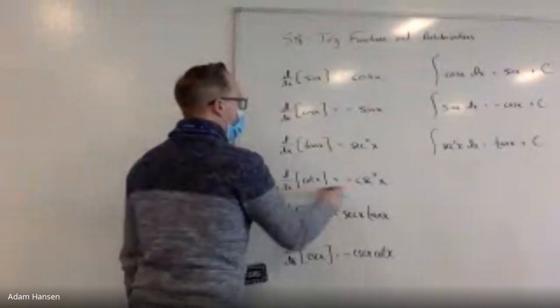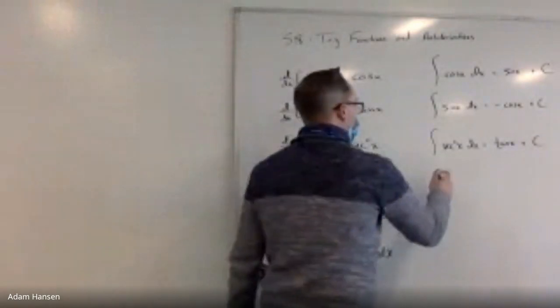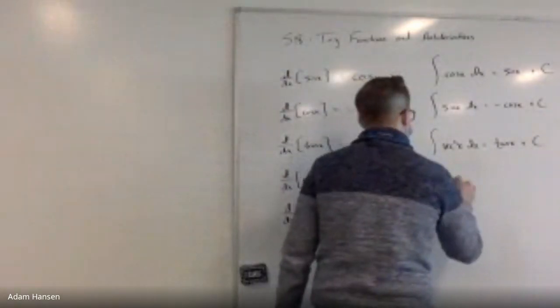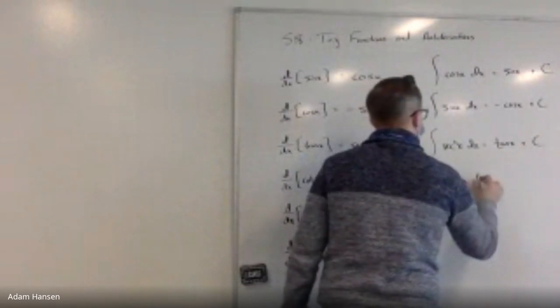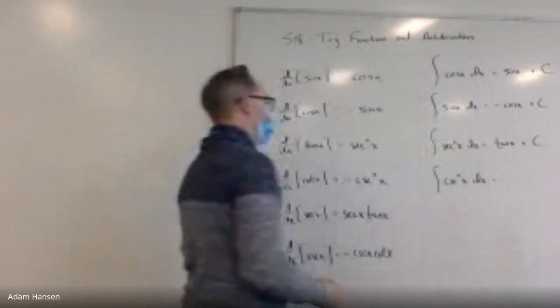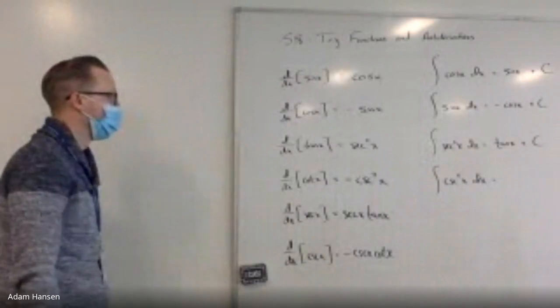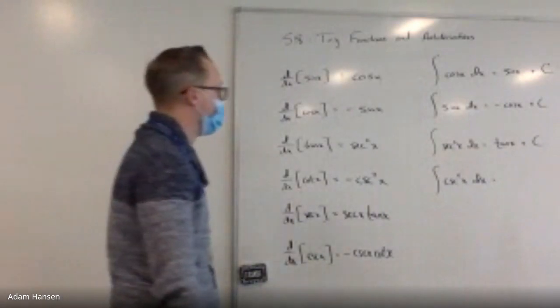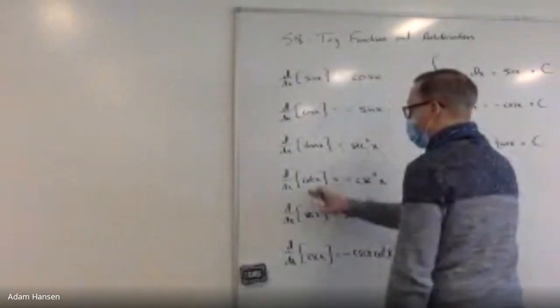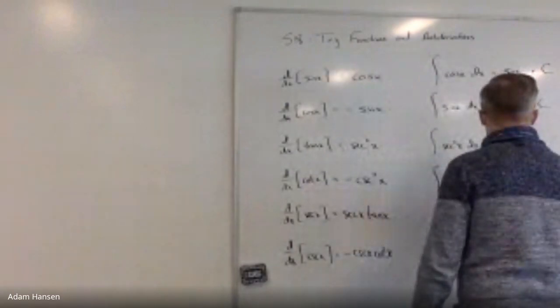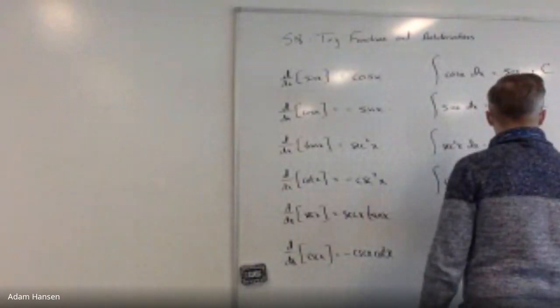The derivative of cotangent is negative cosecant squared x. So what is the antiderivative of cosecant squared x dx? Negative what, Kim? Negative cotangent. Yeah, you just slide the negative over here. It's negative cotangent x.